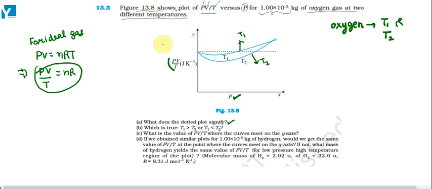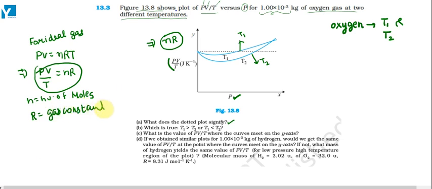So simply, we are given a plot of nR versus the pressure, where n is number of moles, and R is the gas constant. So for an ideal gas, the value of nR should be constant for all the values of pressure.